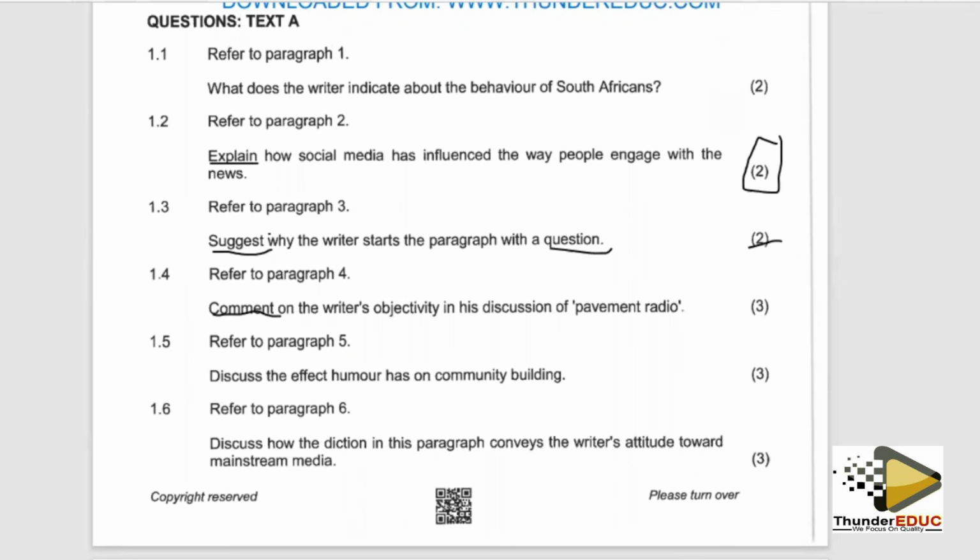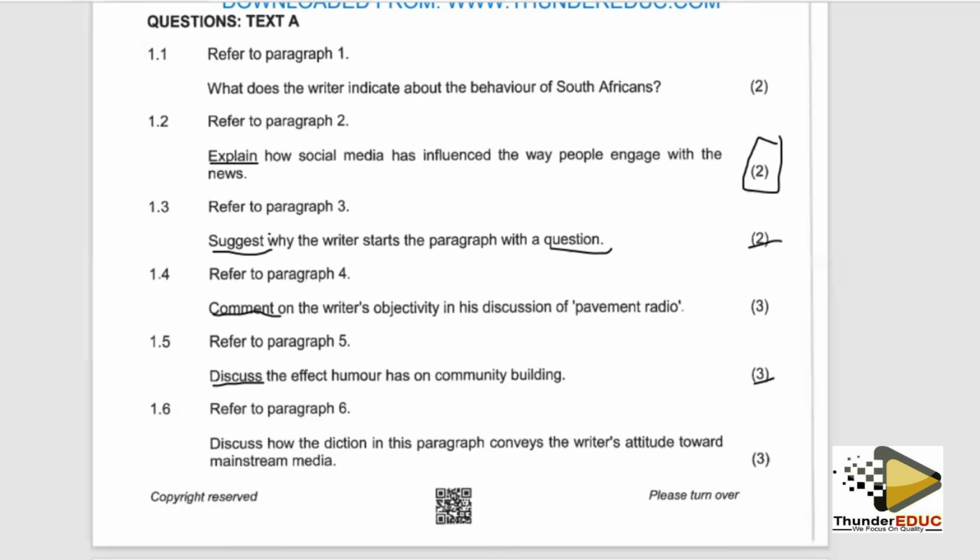All right, discuss the effect humor has on community building. That's your keyword. It's a discussion, which means if there are any advantages, disadvantages, that's where you bring them in, and it was a 3-mark allocation. If you realize, when we were with our 2-mark questions, we were touching on simple order questions.